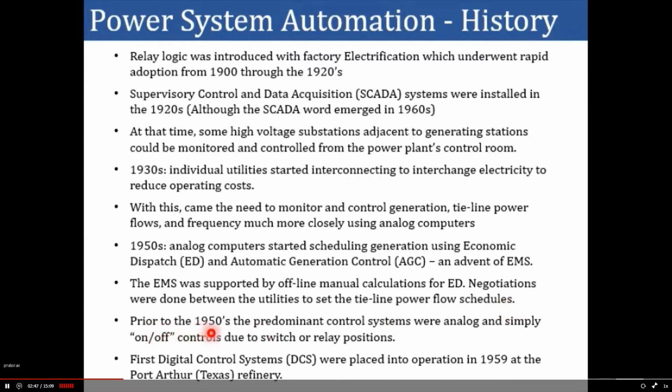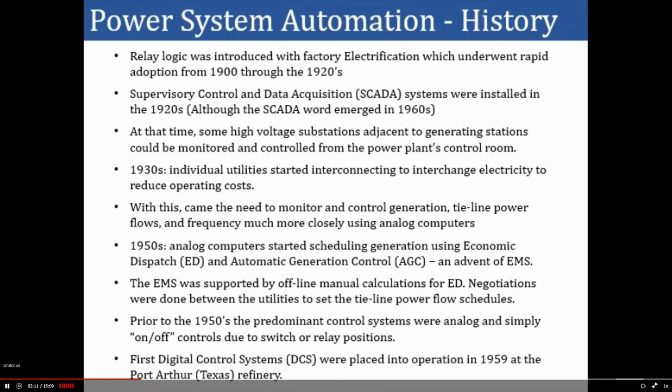Prior to 1950, the predominant control systems we were using were mostly analog and simply on-off control, because we did not have digital control capability. The first digital control system was placed into operation in 1959 at the Port Arthur refinery in Texas.